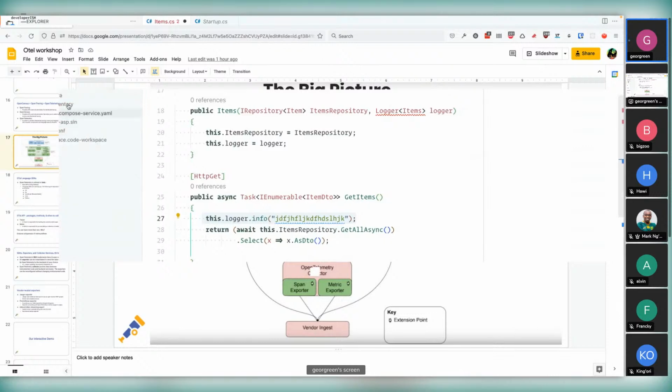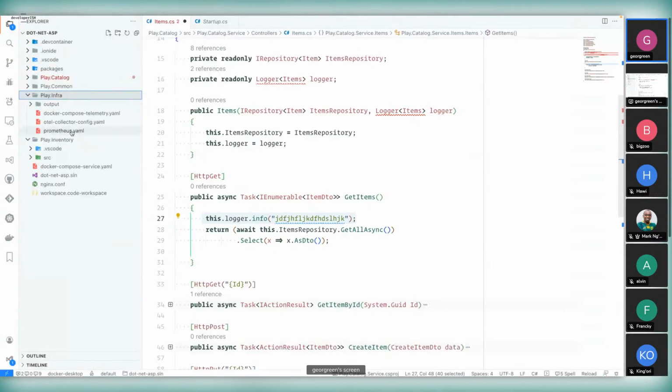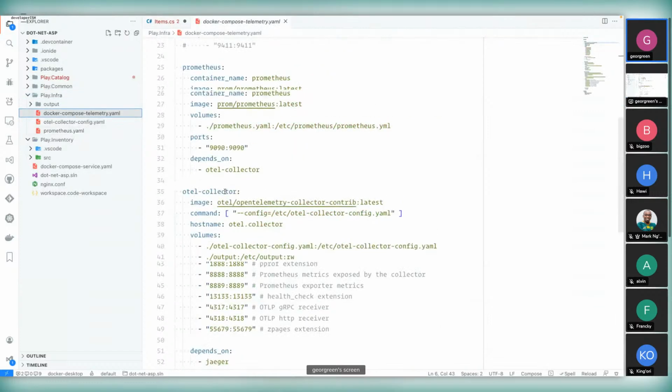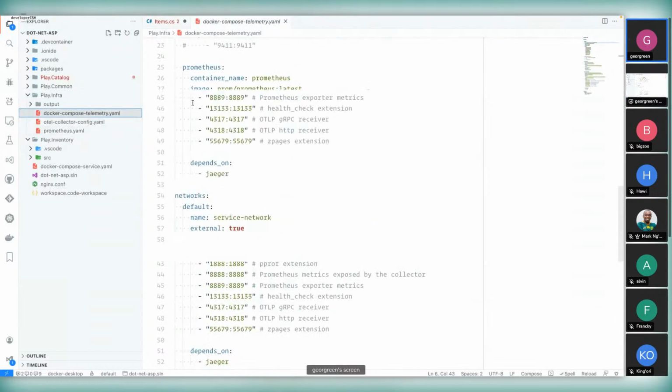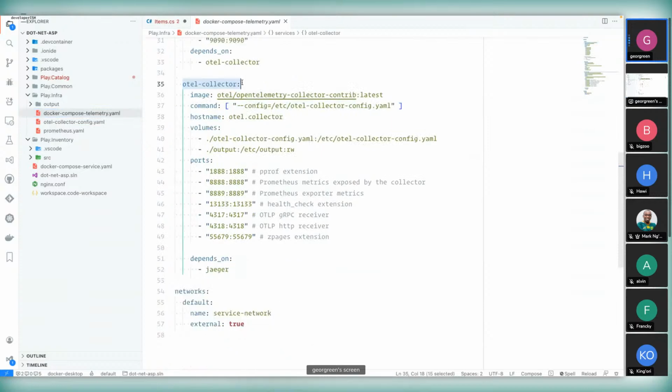If I look at my infra, this is it. The good thing is that this thing is a service. You don't even have to run it on the same machine as your application. So if you have these problems of contention, you can run this outside of your application.